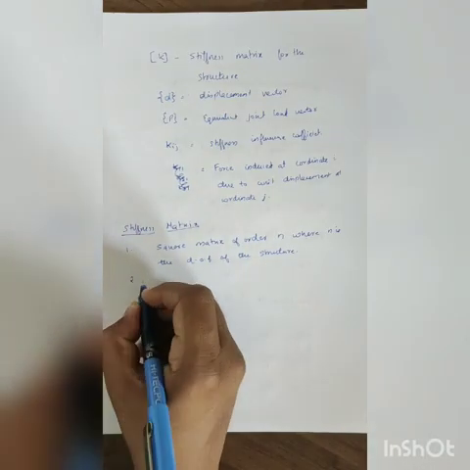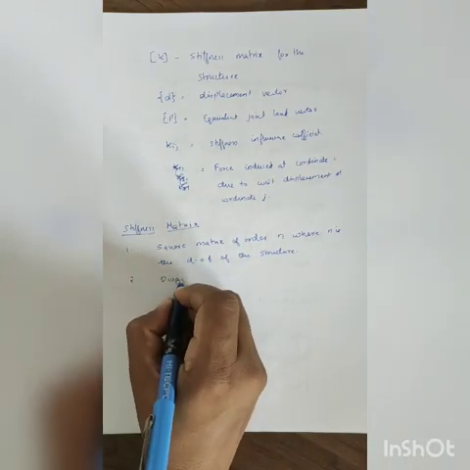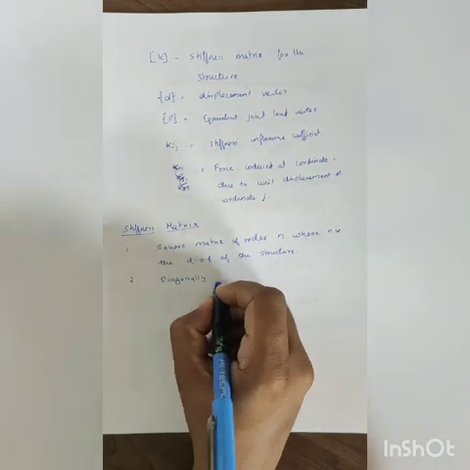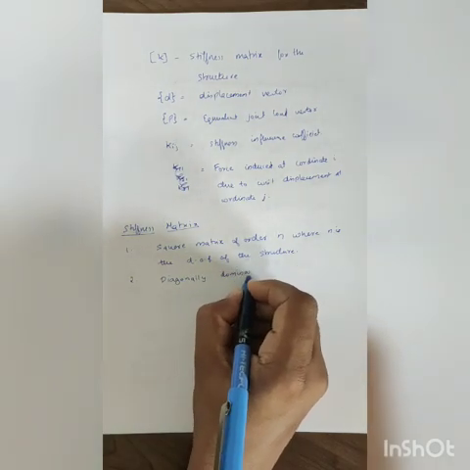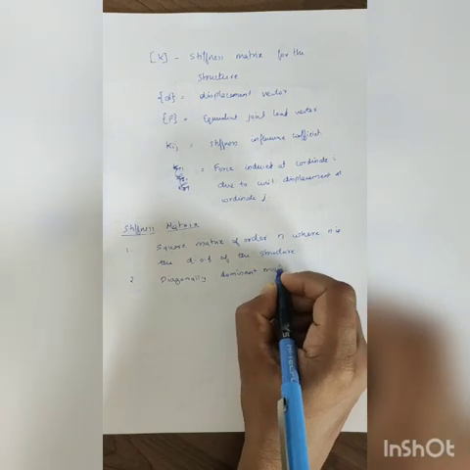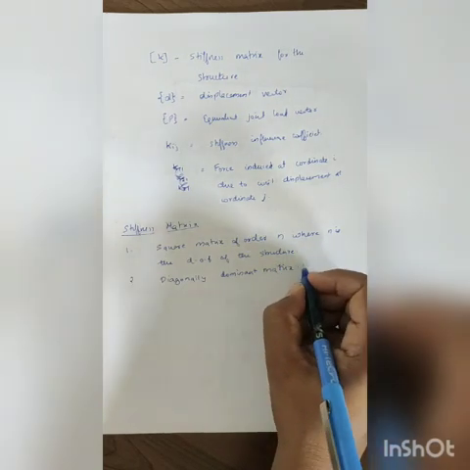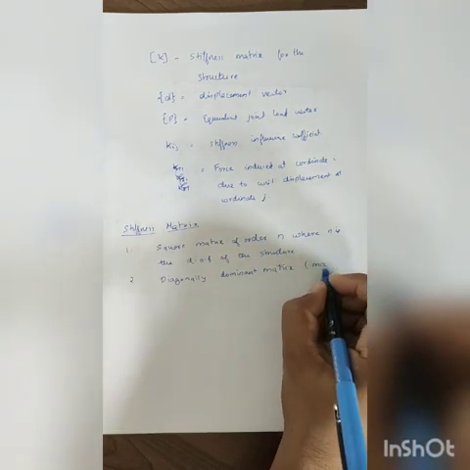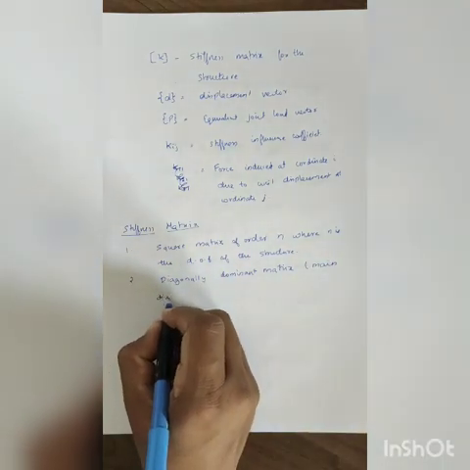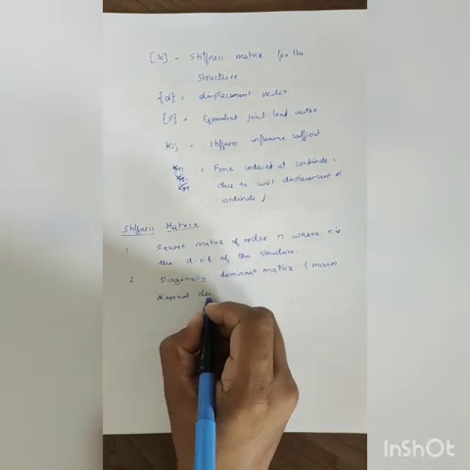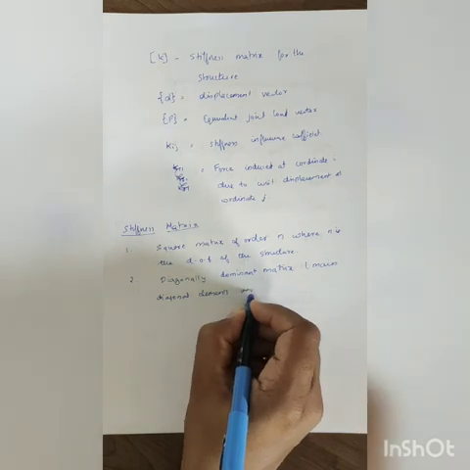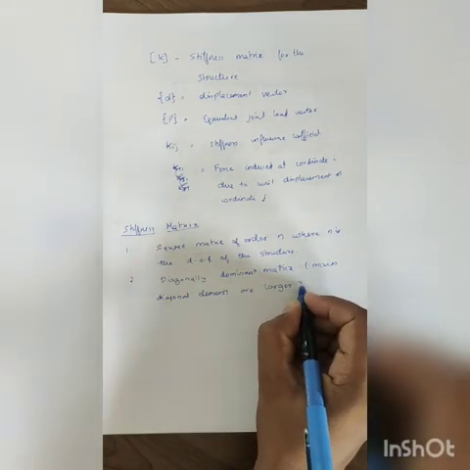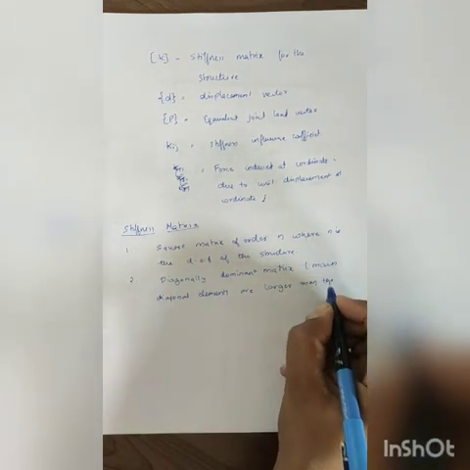Now the second point is, it is a diagonally dominant matrix, which means that the main diagonal elements are larger than the off diagonal elements.